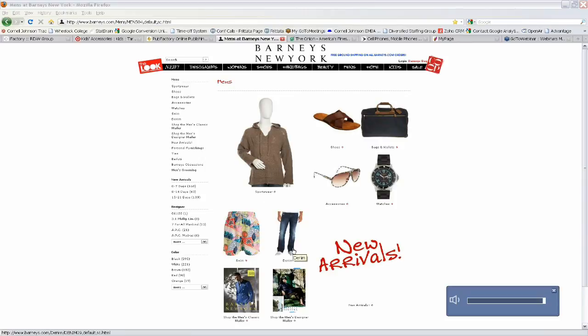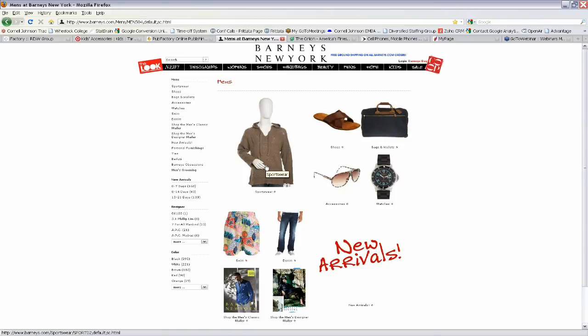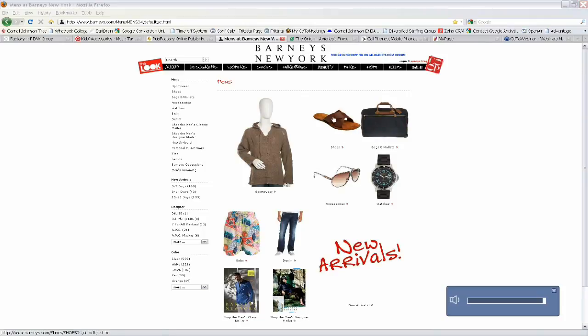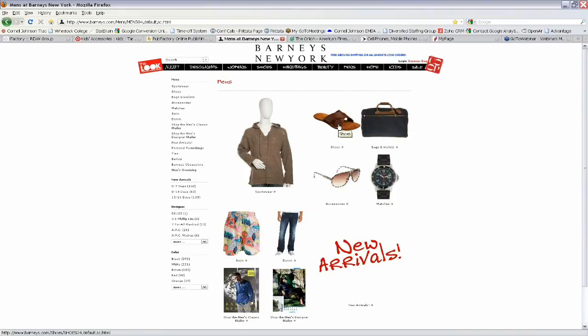Now, this isn't necessarily directly relevant to higher education, but what it does speak to, I think, is the power of iconography and the power of the visual call to action. So, for example, I think it's fairly clear if you were to look at this call to action here that you are going to be looking at shoes. Now, I don't even have to read the label or know what I'm clicking because it's so intuitive.